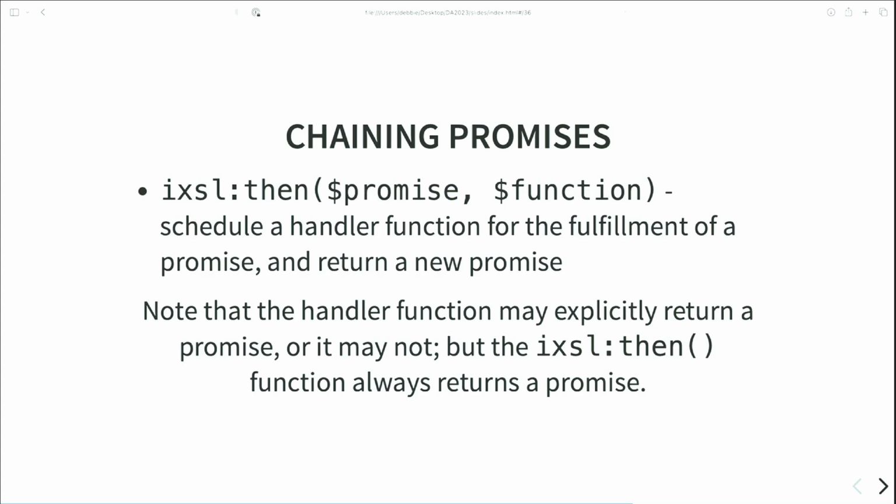And ixsl:then does return a new promise, which will result from the result of the function called on the fulfillment value. So yeah, the handler function might explicitly return a promise, or it might not, but this function always returns a promise, which I think we'll see in one of the examples.